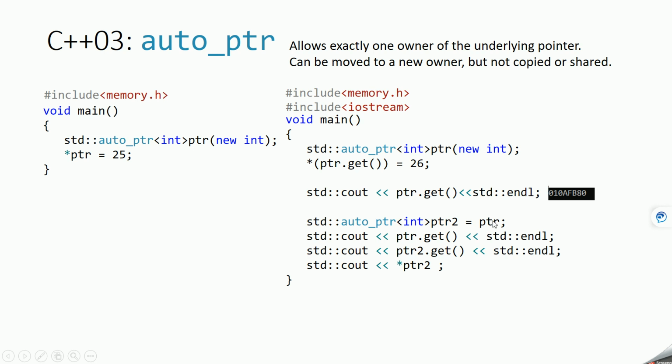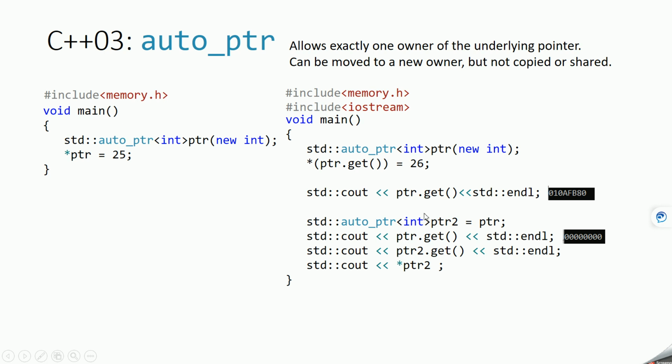So in this case, this ptr2 will become the owner of the memory that this ptr was pointing to. So now if you run this program, at this line of code the output will be null, that is 0.